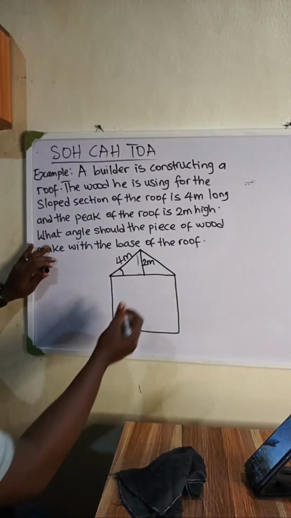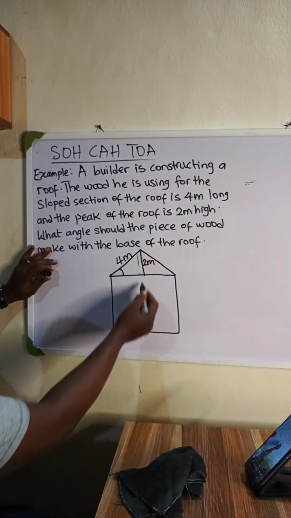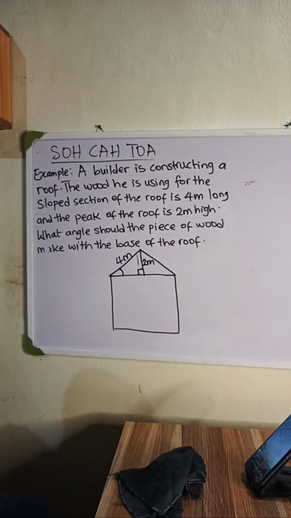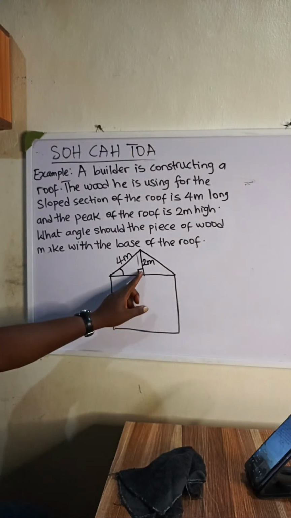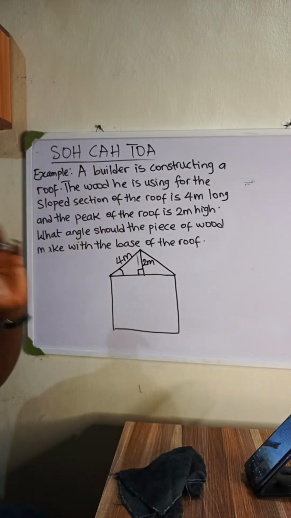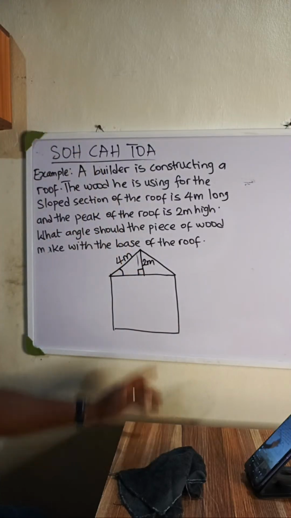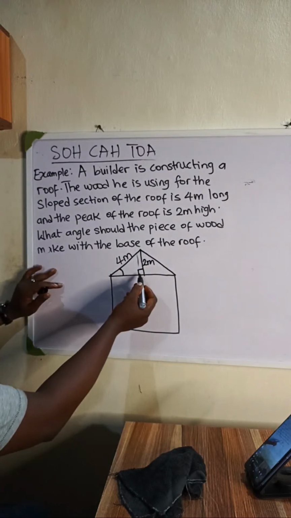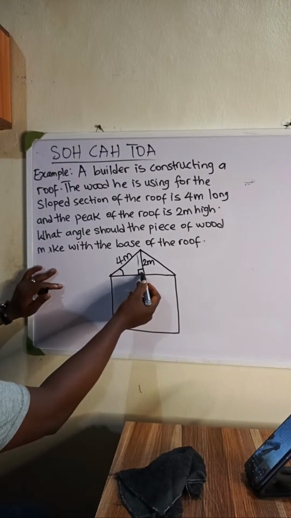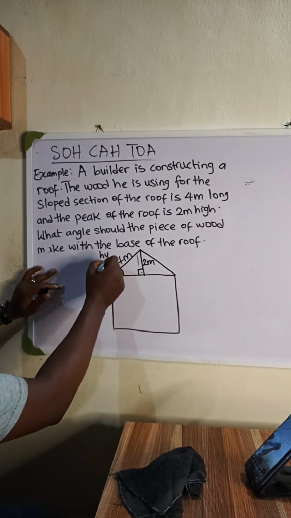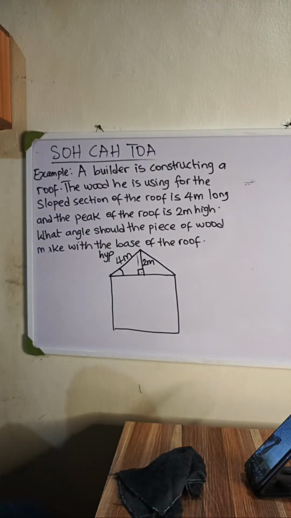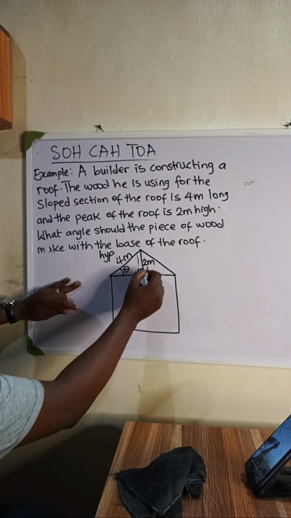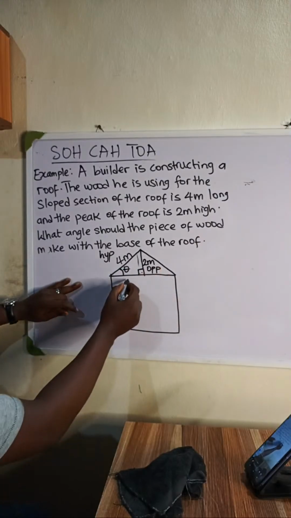We know that if this wood is properly done, it's supposed to be vertical, which is 90 degrees. That means this side is the opposite of this angle. First, let's identify the hypotenuse. The 90 degrees is here, therefore this is the hypotenuse. The angle that we're looking for is here, therefore this is the opposite, and that means this is the adjacent.